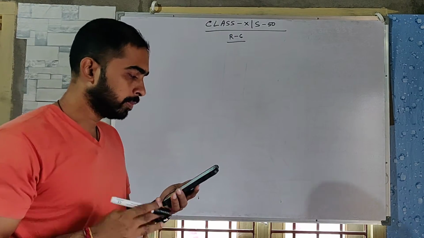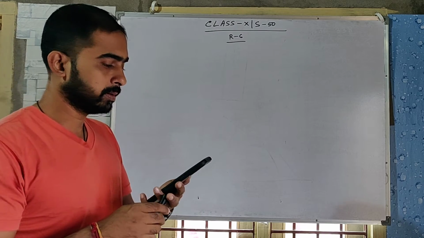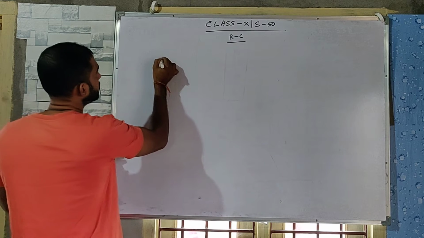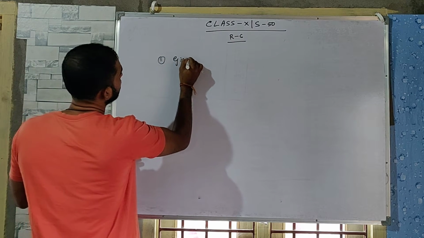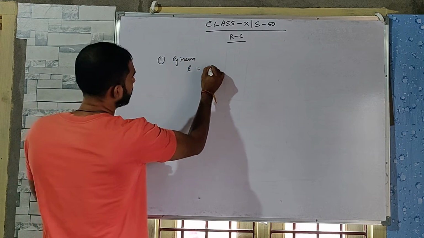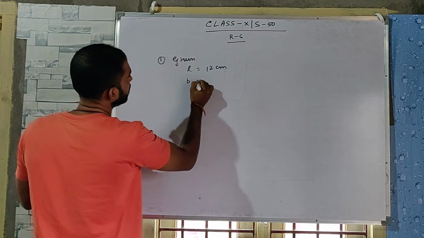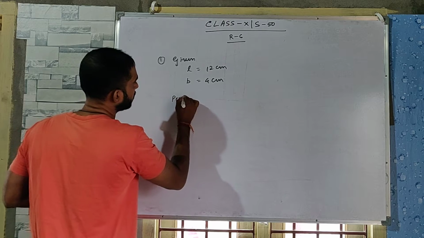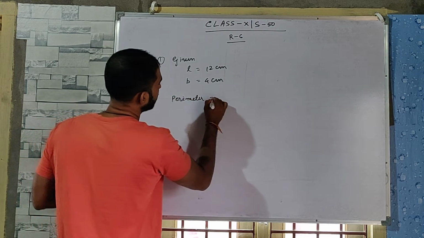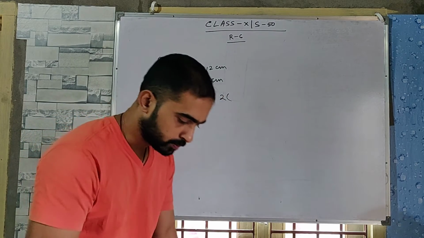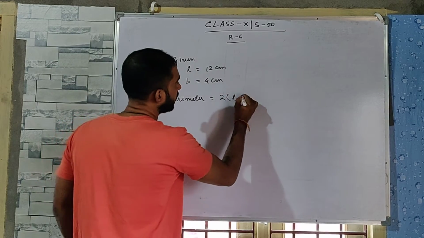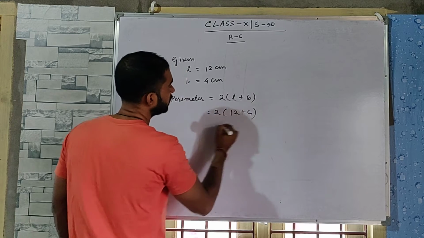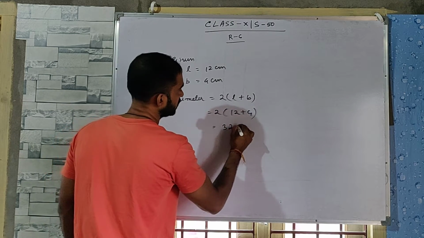The length and breadth of a rectangle are 12 cm and 4 cm respectively. Find the perimeter and the area. Given L equal to 12 cm and B equal to 4 cm. Perimeter equal to 2 into (L plus B), that is 2 into (12 plus 4) equal to 32 centimeter.